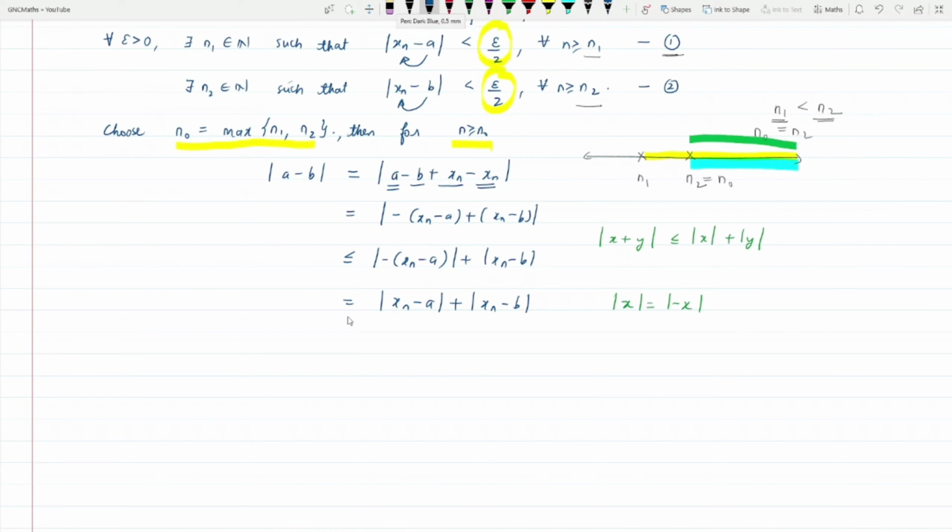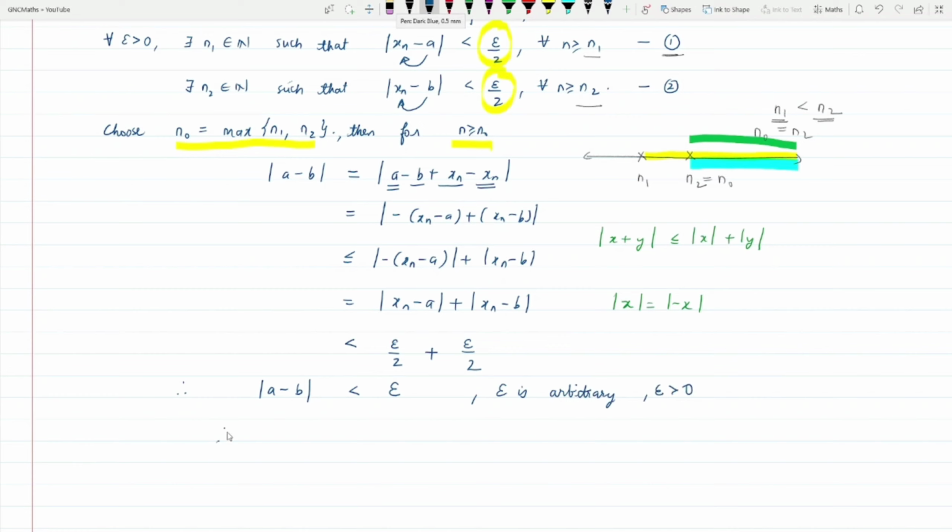So thus we can say that mod of xn minus a is lesser than epsilon by 2, and so is mod of xn minus b. So thus we started with mod of a minus b on the left. We are going to get this to be lesser than epsilon by 2 plus epsilon by 2, which is epsilon. And over here your epsilon is an arbitrary positive real number.